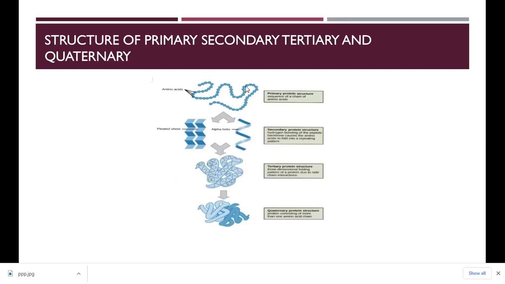These are the amino acids that form a long chain, called the primary structure of protein. These are beta sheets and this is called alpha helix, and they make the secondary structure of protein, and when they combine they form this type of structure called tertiary, and quaternary structure contains one or more than one chain of amino acids.